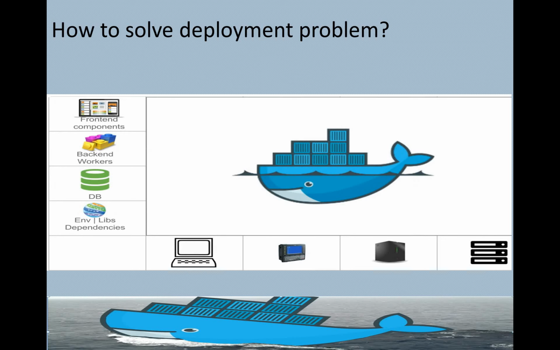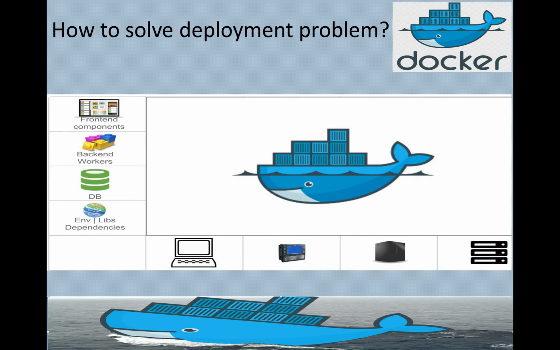Now coming to our example, how to solve deployment problems. Here Docker comes into the picture to do the packaging of front end, back end, DB, dependency, and various other libraries. So when we use Docker, it will resolve your deployment problems, same like shipping problems.